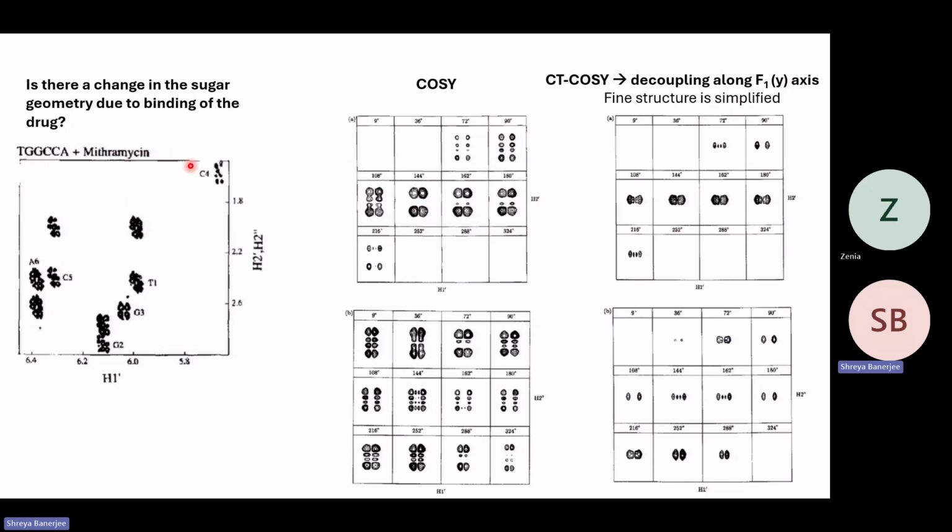So we can take the NMR of just this DNA, just the molecule, and the joint NMR of both, and that will give us an idea of how the geometry is changing with the binding. Again, here we normally use the E-COSY or sometimes CT-COSY in order to get better fine structure so that we can easily calculate the J values.